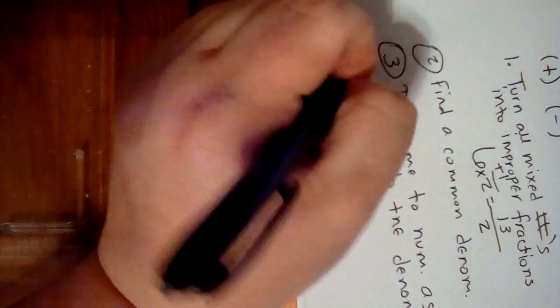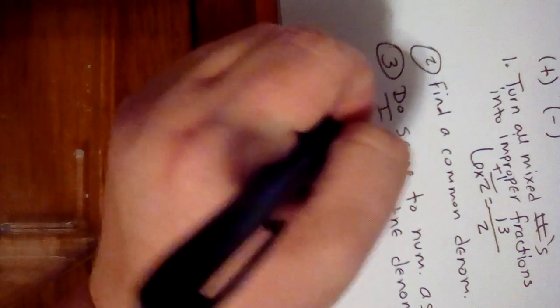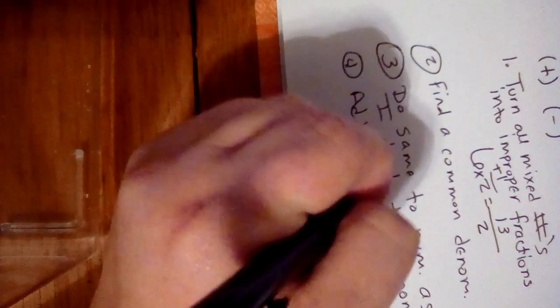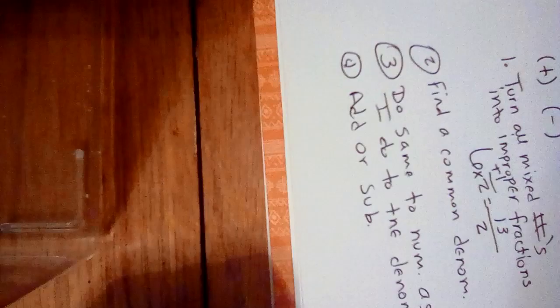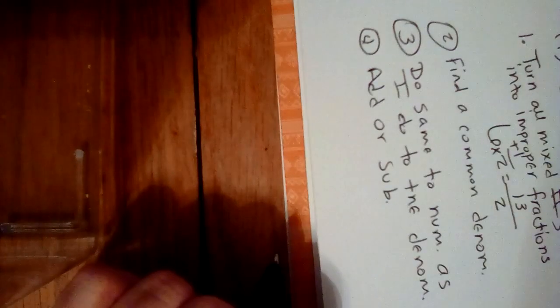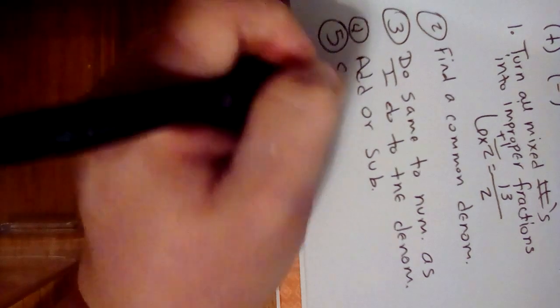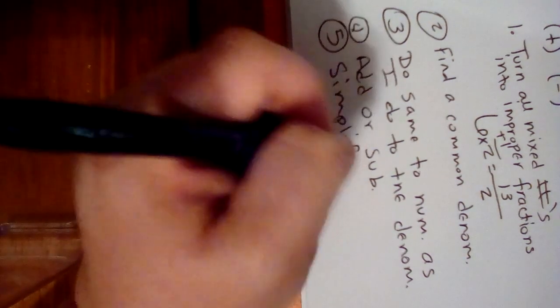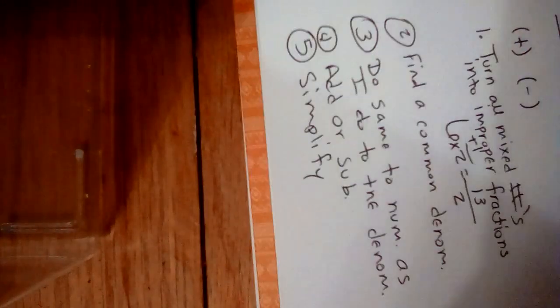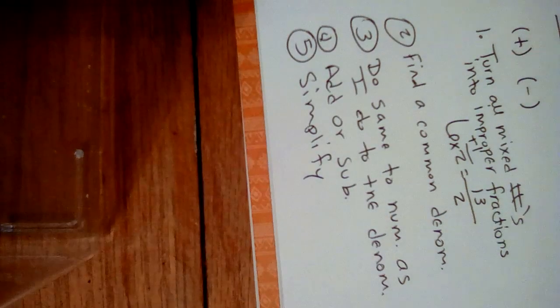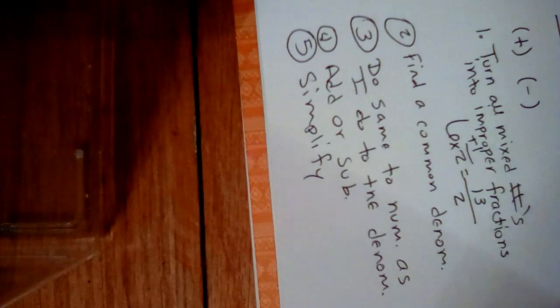Fourth, I need to add or subtract. And lastly, I need to simplify. So now would be a great time to pause the video to write down your rules if you don't already have them.